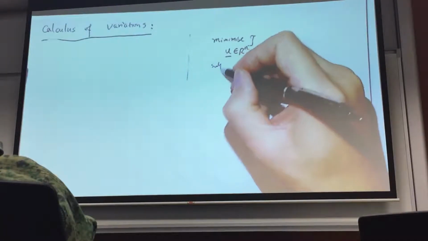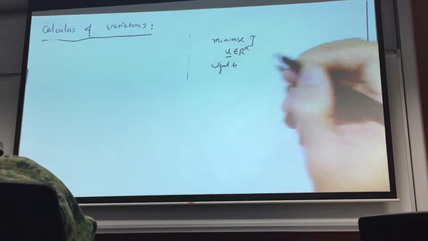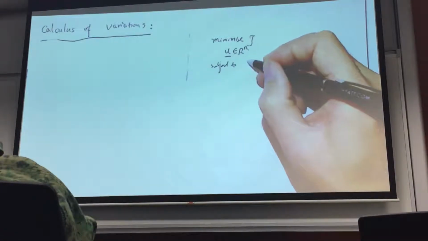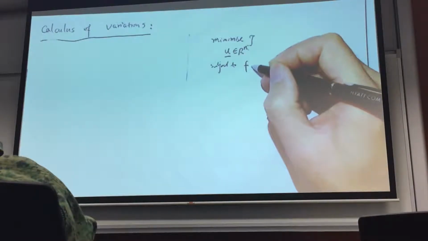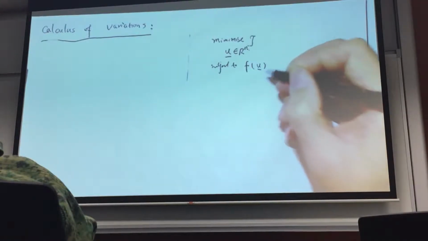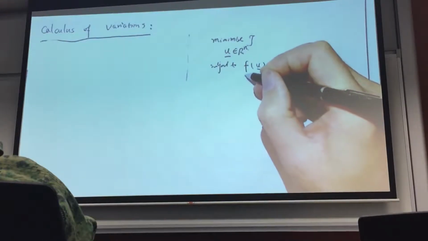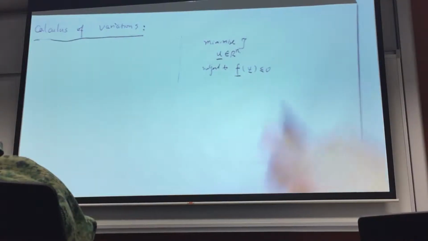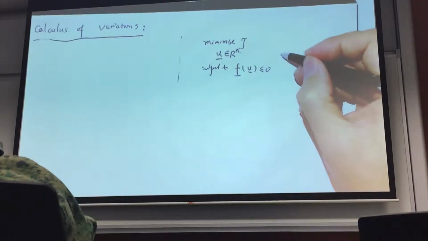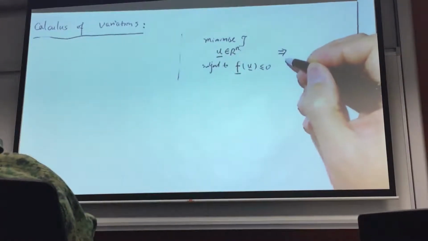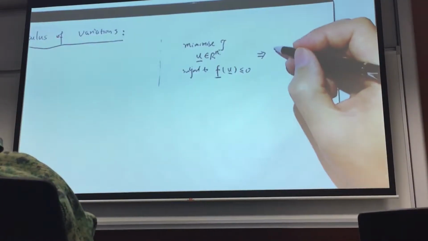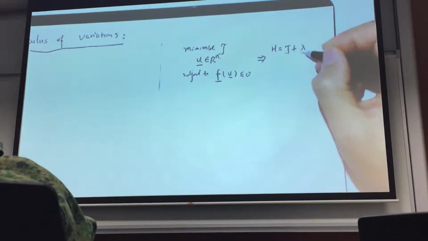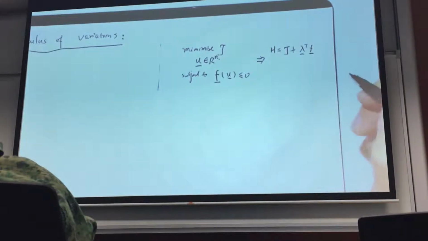We are subject to some constraints. The constraint can be represented by an equation like this: f(u) smaller than or equal to 0, and we may have multiple constraints. The solution to this problem is to construct H equal to J plus lambda f.